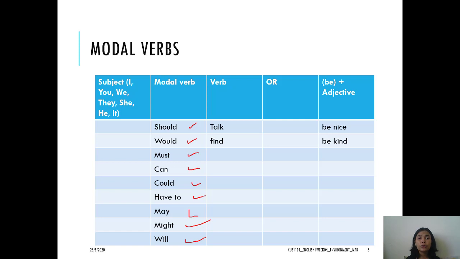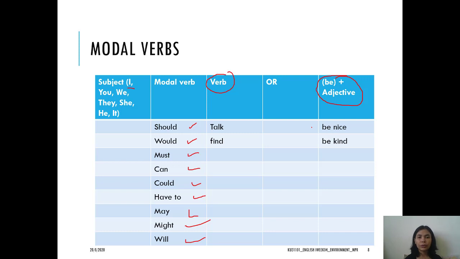Usually after these modal verbs it must be followed by a verb, or if it is not followed by a verb, it must be followed by be with an adjective. For example, I should talk, or we should talk, or we should be nice. So that is the modal verbs sample.